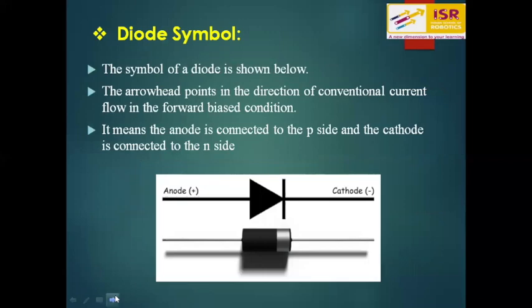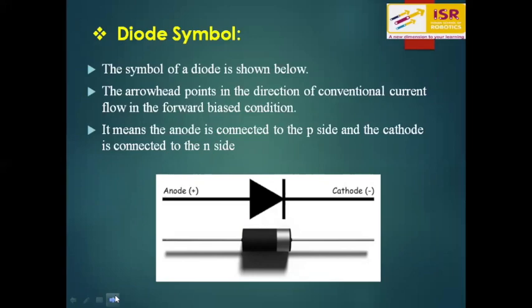Now is the diode symbol. You can see in the image attached that the above is the symbol that we use for denoting the diode, and the image below the symbol is actually the diode which we use in real time. So in the symbol, the arrowhead points in the direction of conventional current flow in the forward biased condition.